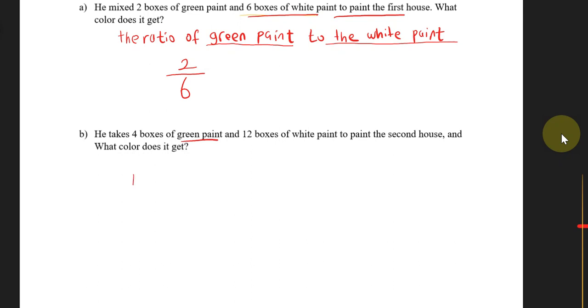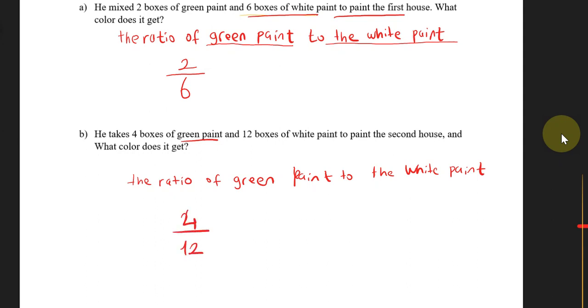Again, we can write the ratio just like in the first one, the ratio of green paint to the white paint. What we will get is 4/12.